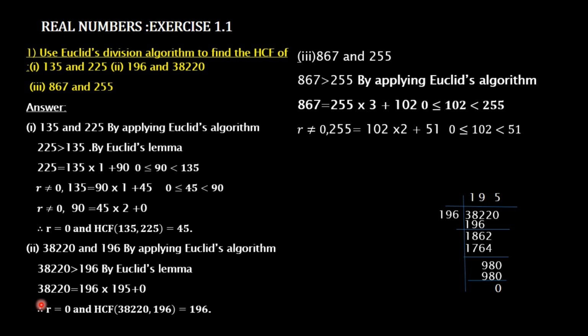What is 102 into 2? 204 plus 51 will give 255. Here also we got a non-zero remainder. Again we have to apply the lemma by taking 102 as our dividend. Then 102 equals 51 into 2 plus 0.